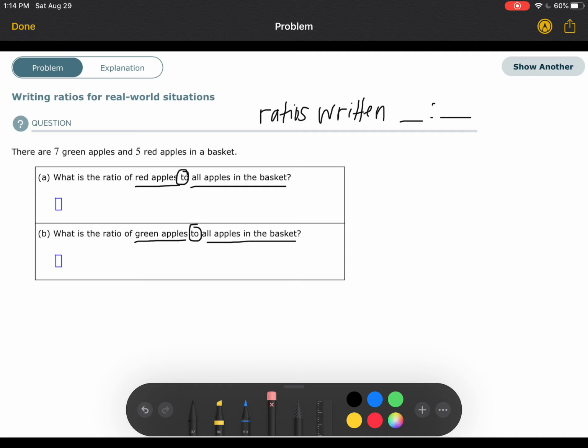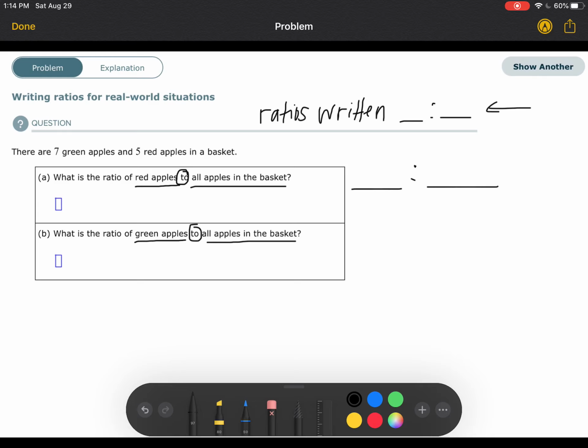So when you write it the way that we're going to be writing it, it's going to give you this in your little toolbox for your answers. You're going to need to use this. So it's going to tell you something, there's a blank, you put your number in, and this thing for your ratio to something else. This is called a colon. You can see this on your keyboard.